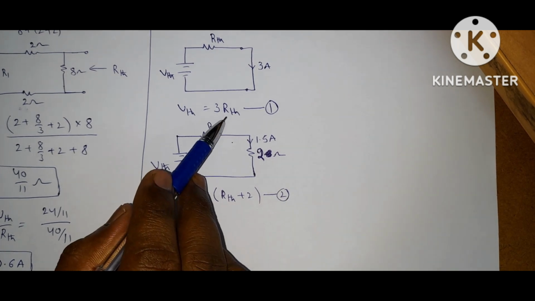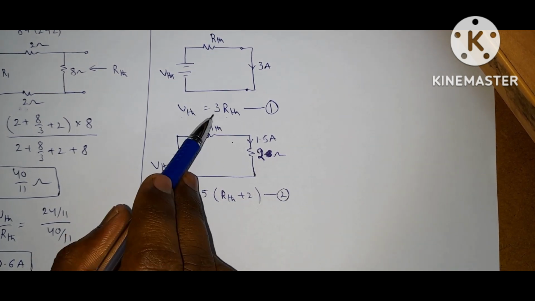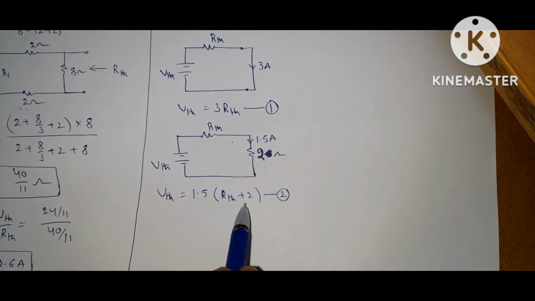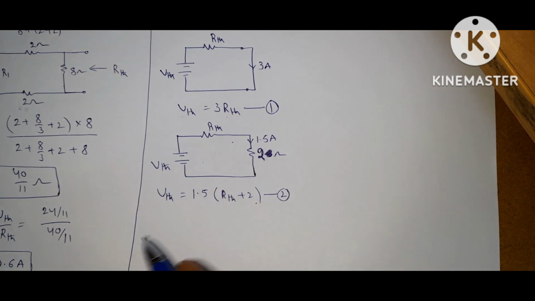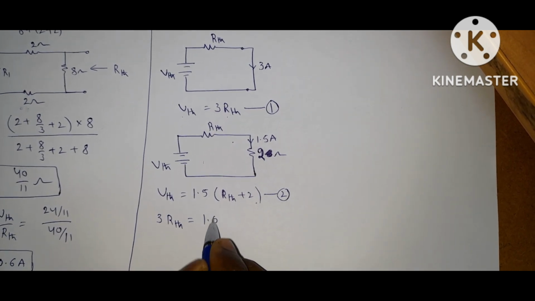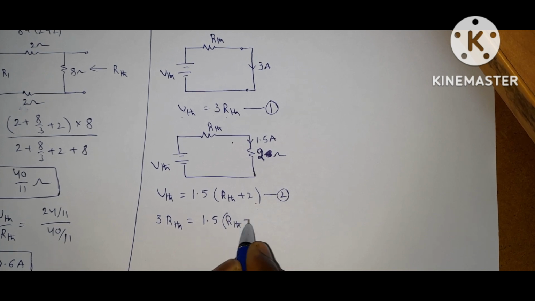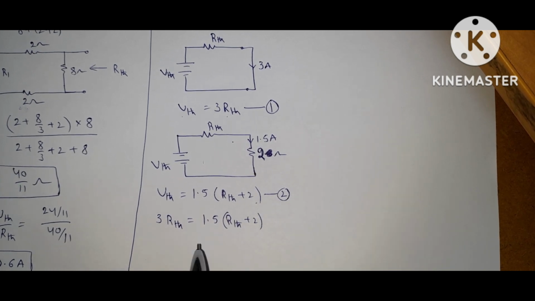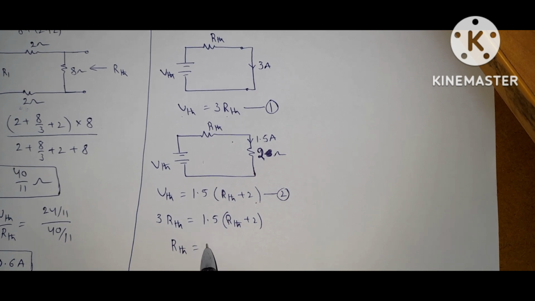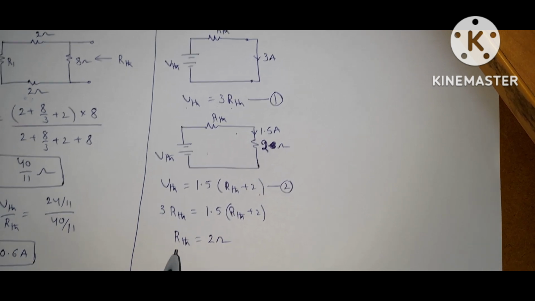Here V Thevenin is 1.5 into (R Thevenin plus 2). So both are equal. If we equate these two equations, 3 R Thevenin is equal to 1.5 into (R Thevenin plus 2). If you solve this, you will get R Thevenin is equal to 2 ohms.